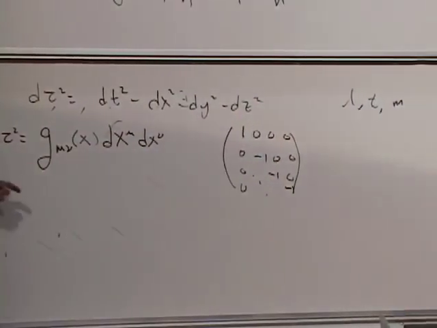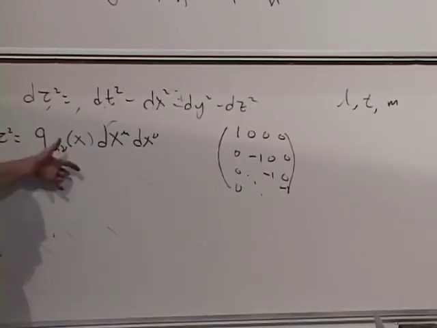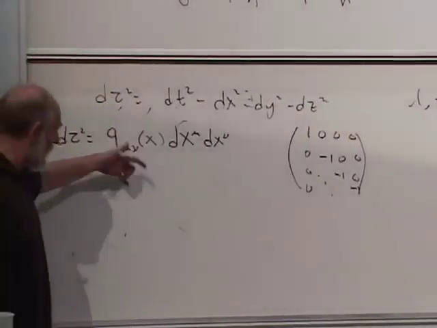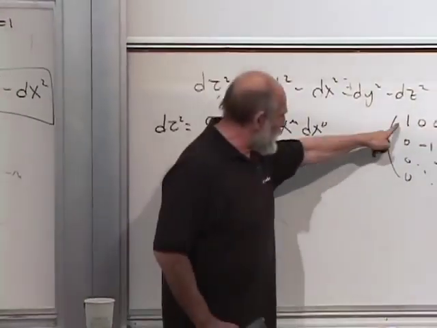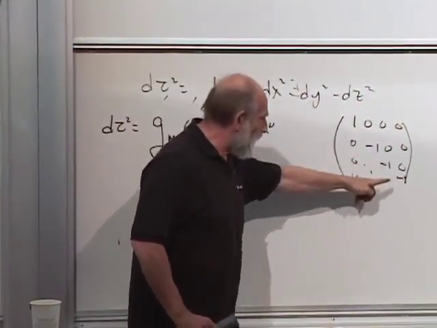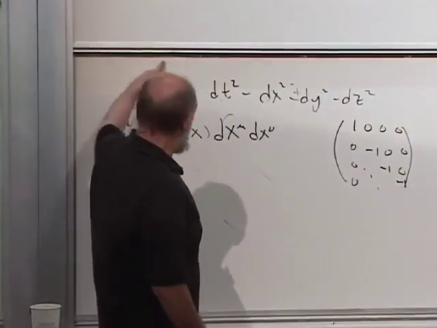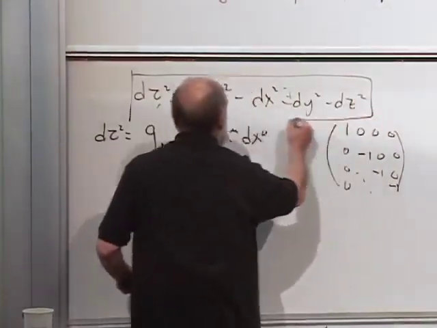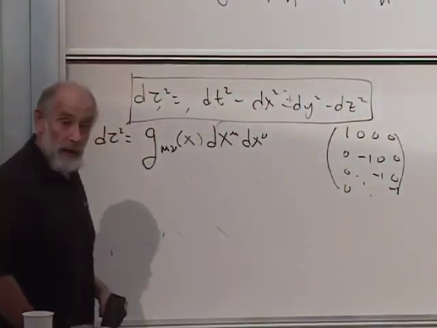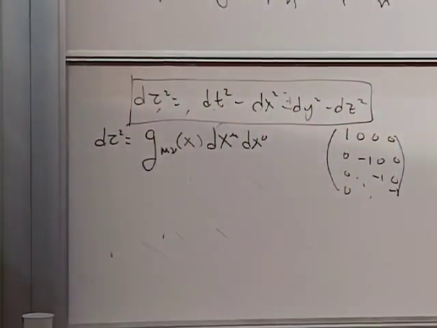So a special case of a metric tensor, of a formula like this, would be where G mu nu was simply 1, minus 1, minus 1, minus 1, in which case you would reproduce the usual Minkowski proper time.